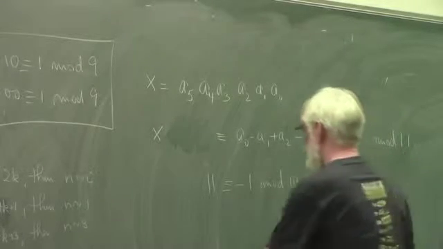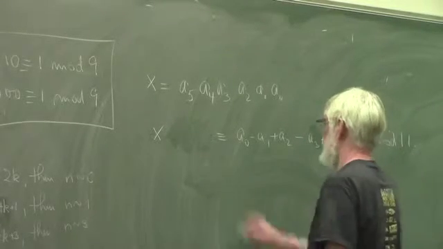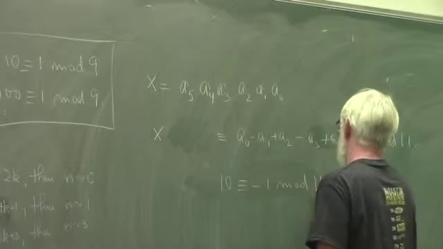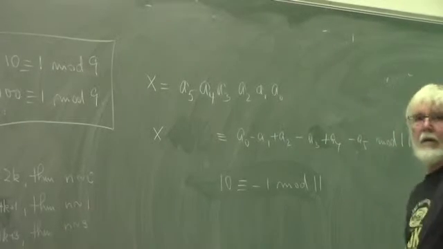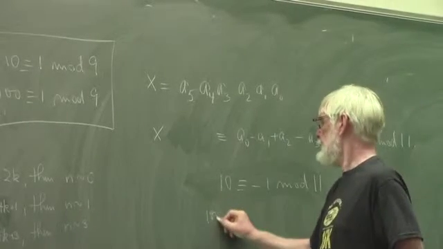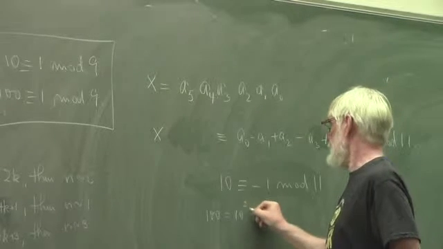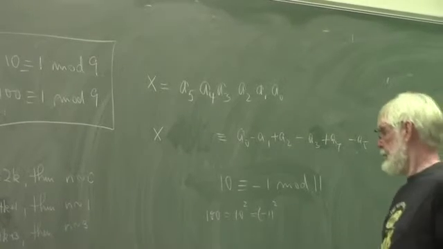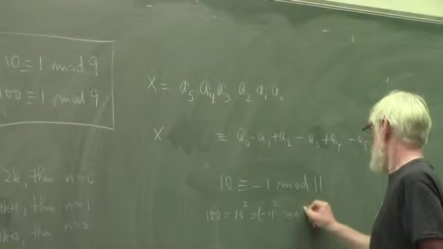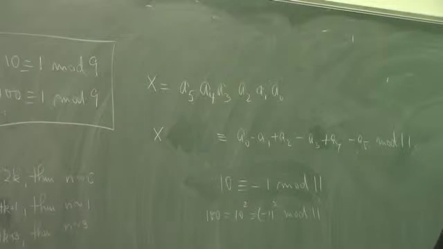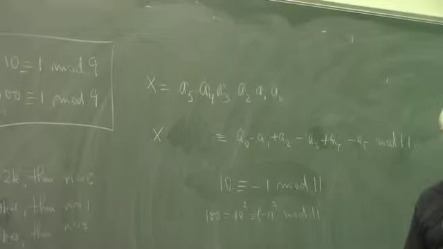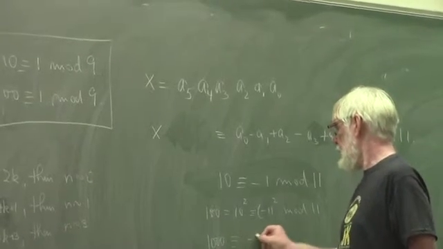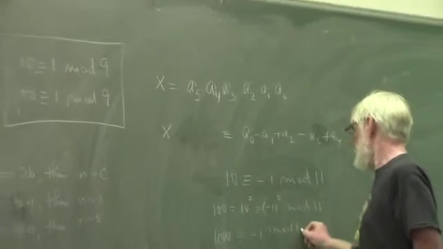Actually, I want to write it the other way around. 10 is minus 1 mod 11. Which is 10 squared, is minus 1 squared, right? 1,000 will be minus 1 modulo 11, right?